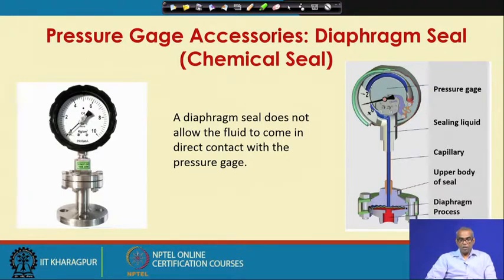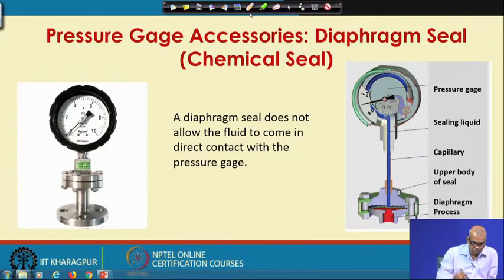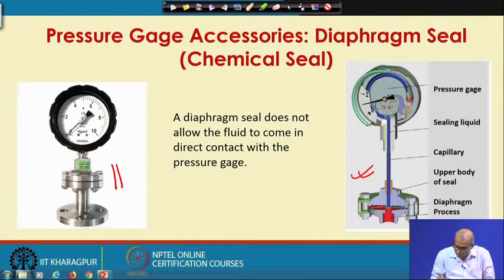A diaphragm seal does not allow the fluid to come in direct contact with the pressure gauge. So, here I have the diaphragm seal, also known as chemical seal. So, look at here now, we have a diaphragm.